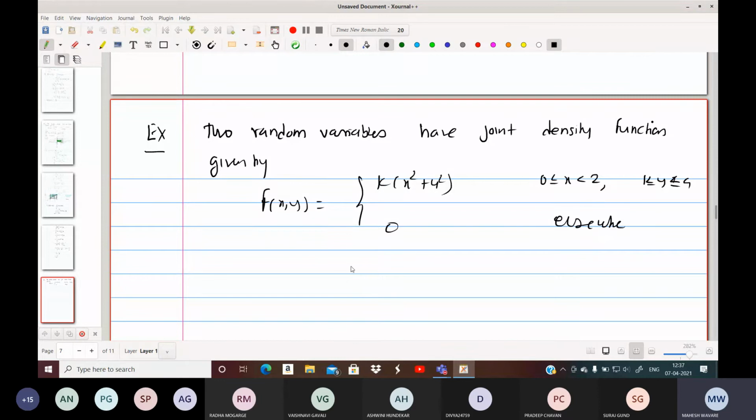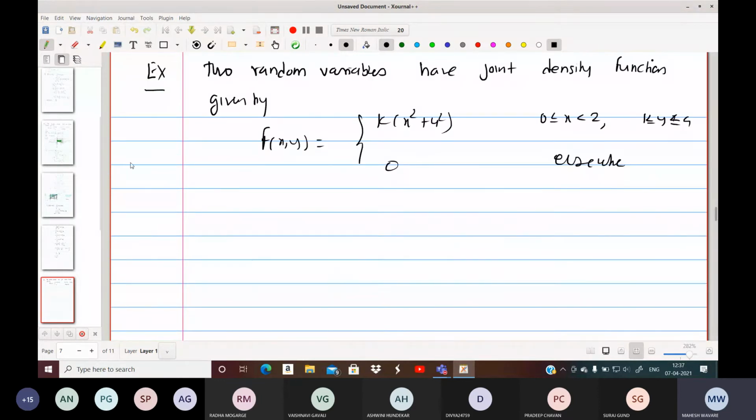So firstly we need to calculate k. Find k. Once you find k, find the probability of 1 less than x less than 2, 2 less than y less than or equal to 3.